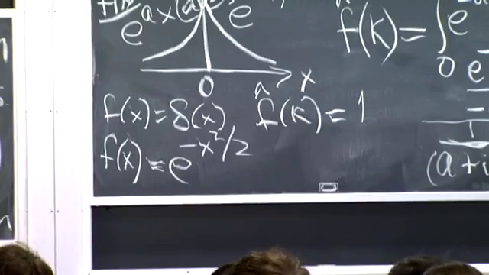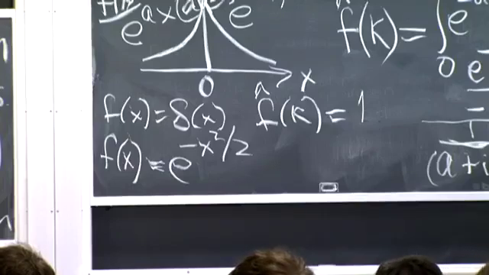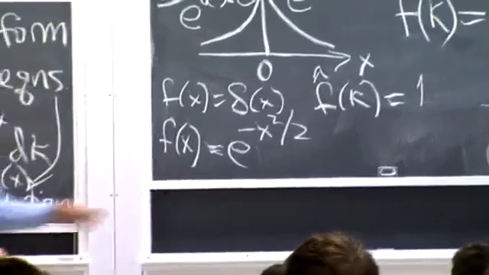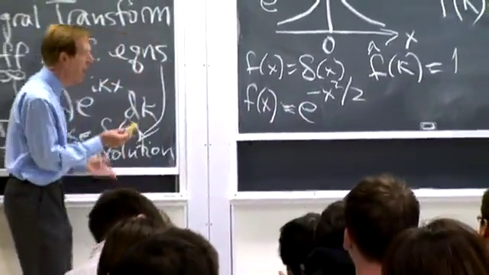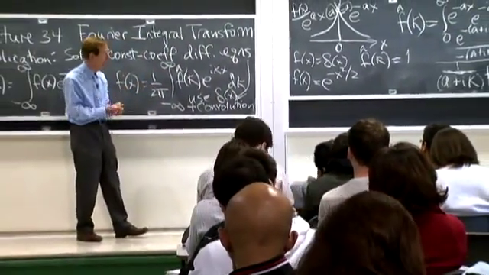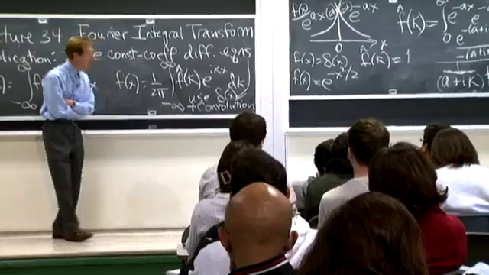This is the all-important function for probability. The normal distribution, the Gaussian, both of those words are used, is the most important probability distribution. I need a 1 over square root of 2 pi to make the total probability be 1, but let me just leave it there.